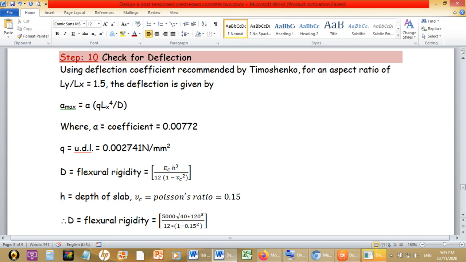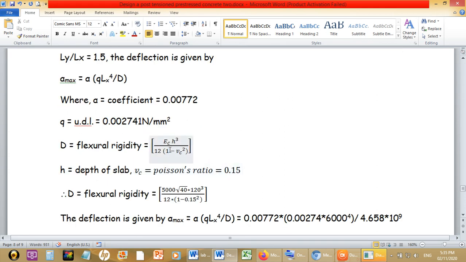D, the flexural rigidity, we need to calculate, and the formula is: flexural rigidity equals Ec into h cube divided by 12 into bracket 1 minus gamma c square, where gamma c is the Poisson's ratio, and we assume the Poisson's ratio is 0.15 for this case.